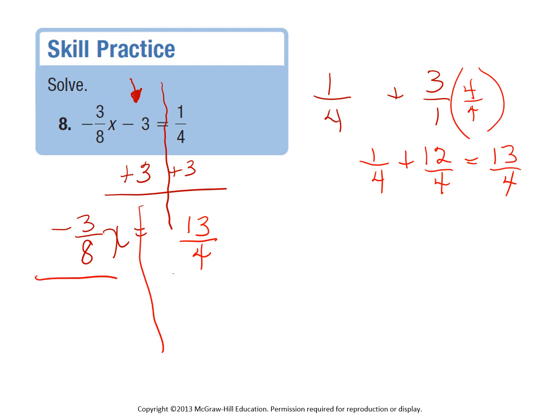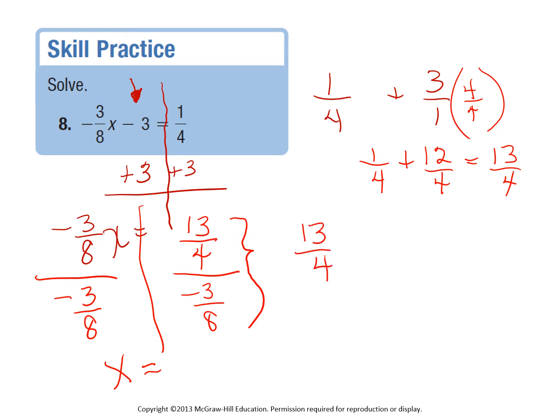And now I'm going to divide by the coefficient, negative 3/8. So x will equal 13/4 divided by negative 3/8. So I keep and I change division to multiplication and I flip the second fraction.